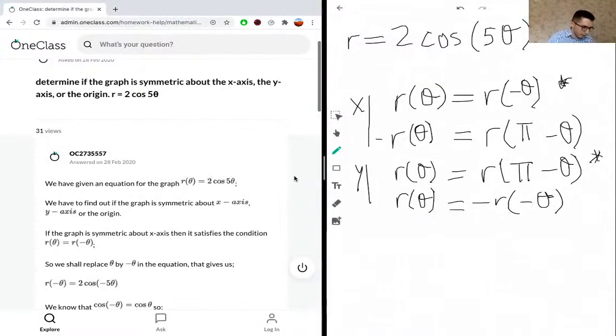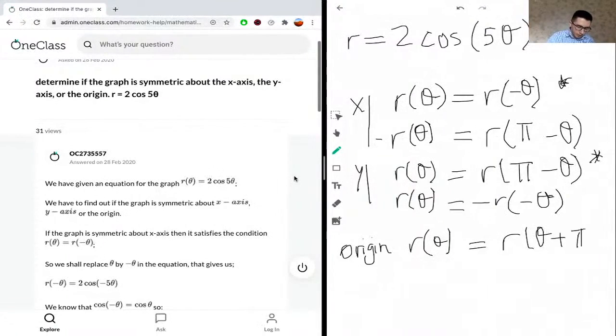And then finally, the origin. We would test for r theta is equal to r theta plus pi.